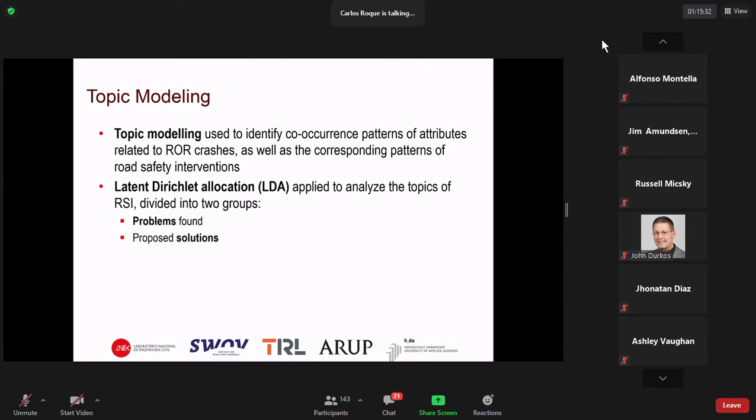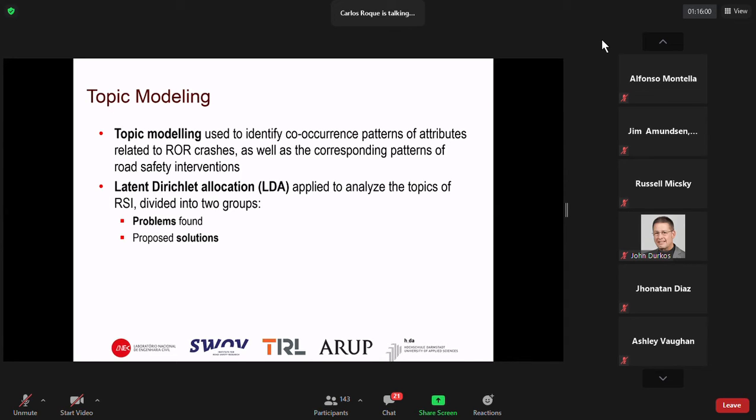And that is why we chose topic modeling, a machine learning approach. And in this study, topic modeling was used to identify co-occurrence patterns on attributes related to run-off road crashes, as well as the corresponding patterns of road safety interventions as described in these Irish inspection reports.